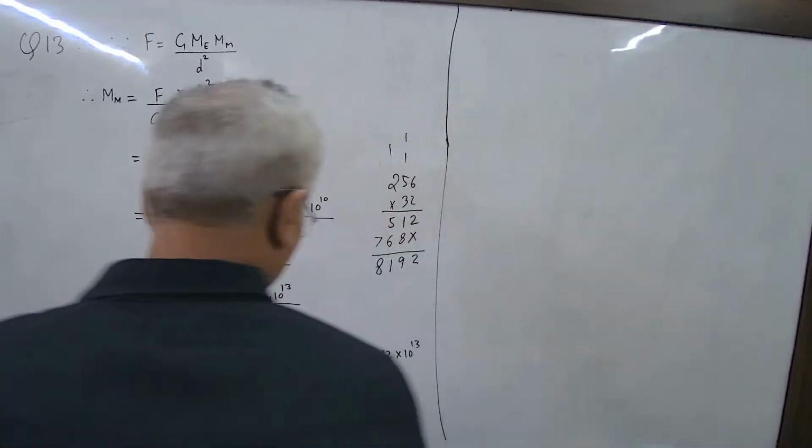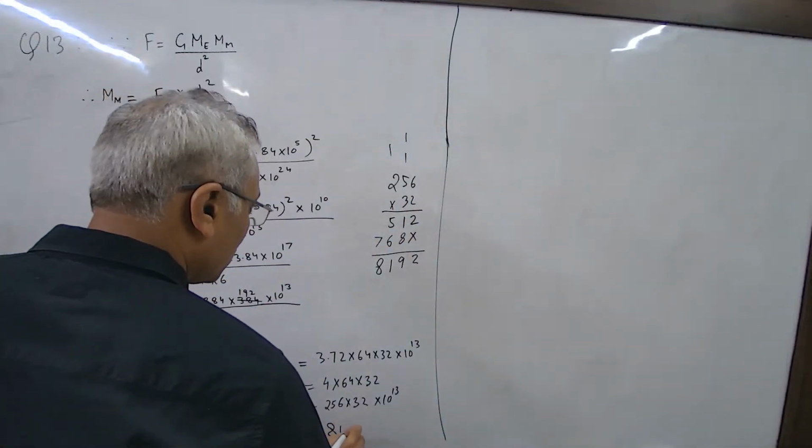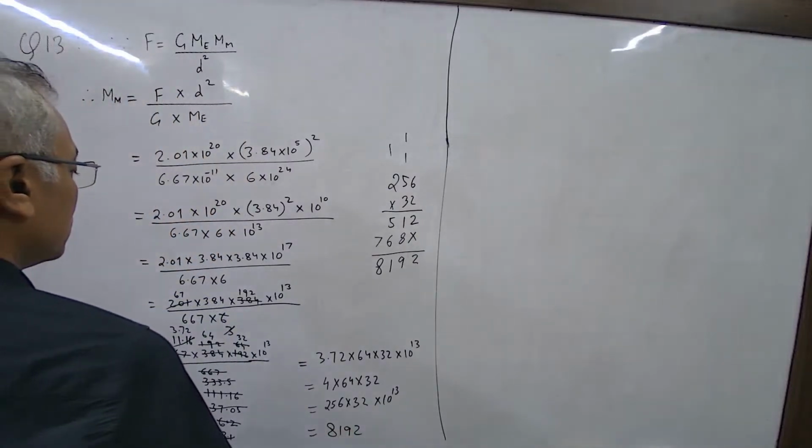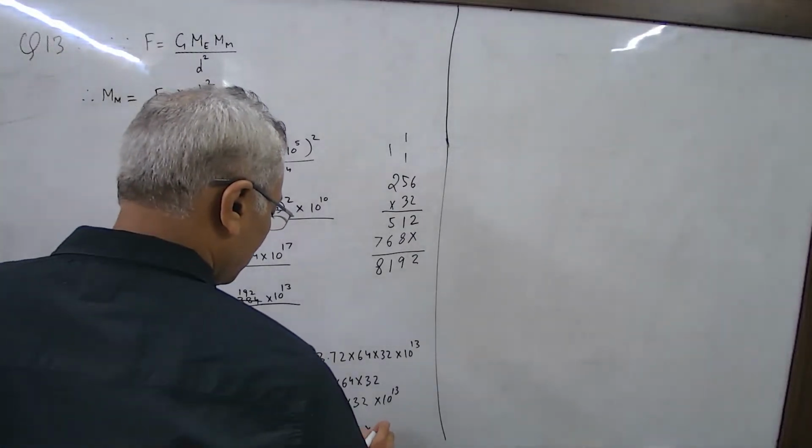So this is 8 1 9 2 into 10 into 10 raised to 13.